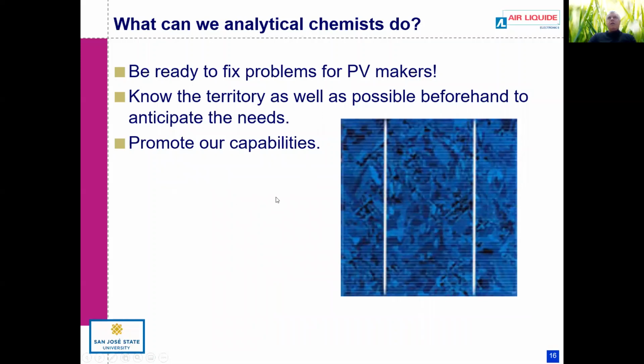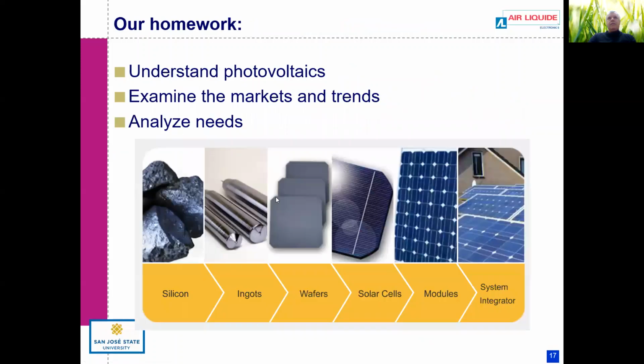So this is what I told Air Liquide. And basically, they do analysis. So we were interested in analyzing silicon all the way from the raw material to basically the wafer, possibly the cell level.